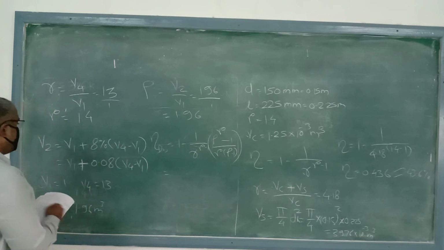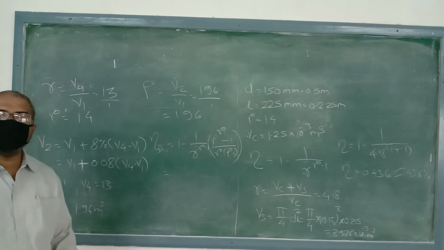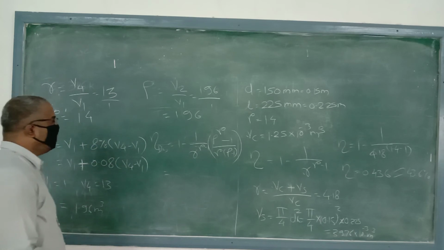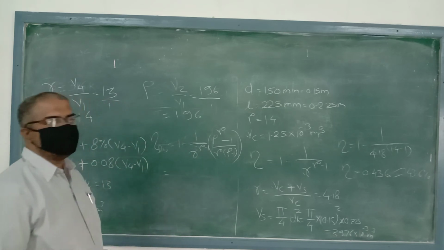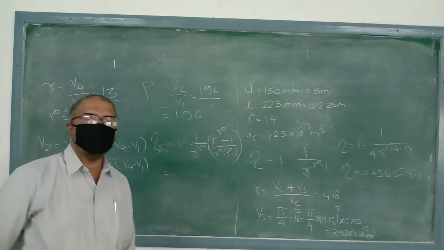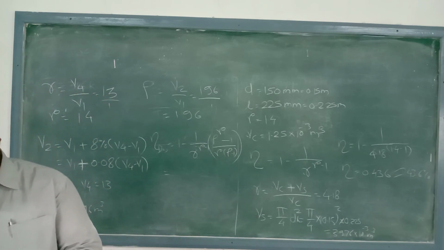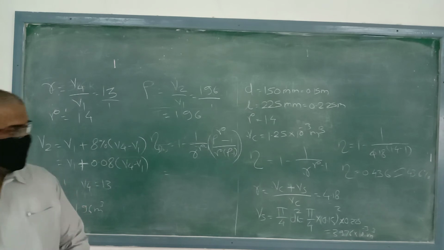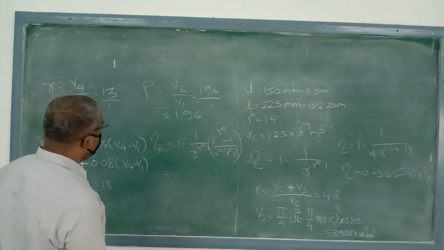Okay, as they have given the volumes and we have found the cutoff ratio. So the value of R again we are finding in similar fashion as we have discussed in the Otto cycle. So the value of compression ratio we can calculate before upon V1.